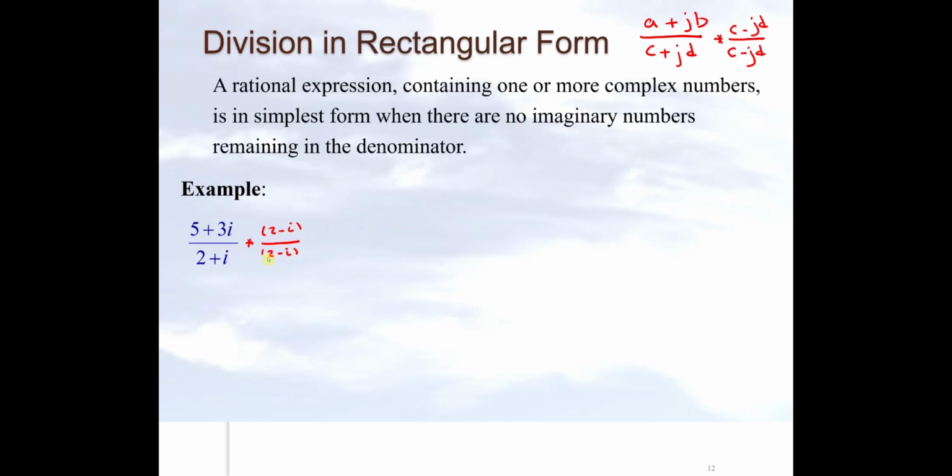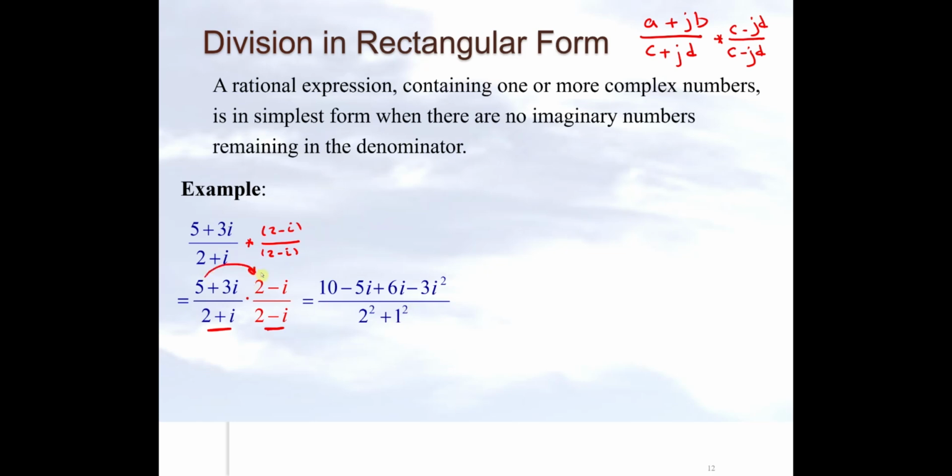The benefit is that I simplify the denominator. So this is what I get. Now the denominator has the multiplication of two numbers, one the conjugate of the other. This is an easy multiplication, and it is equal simply to the real part squared plus the imaginary part squared. Then you apply the FOIL rule on the numerator.